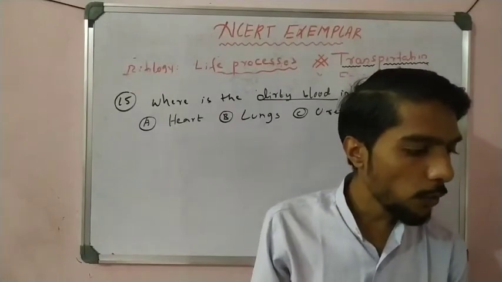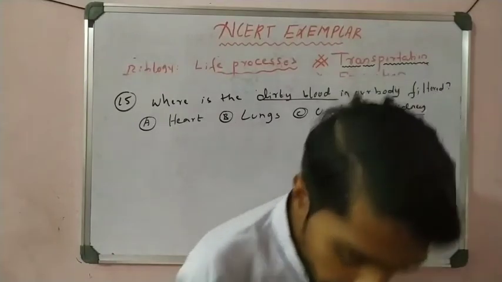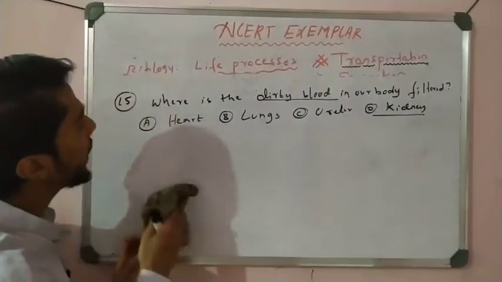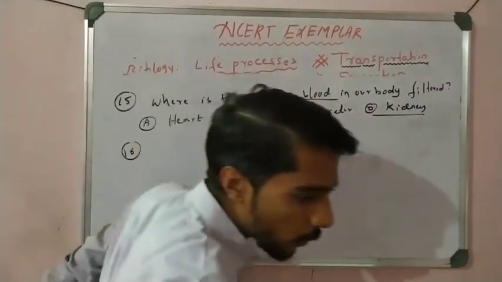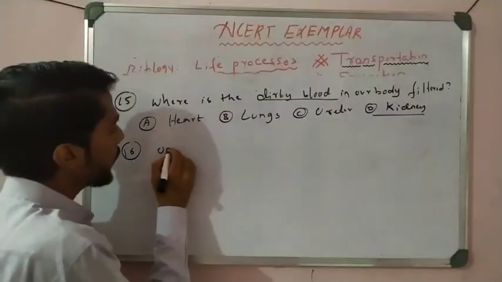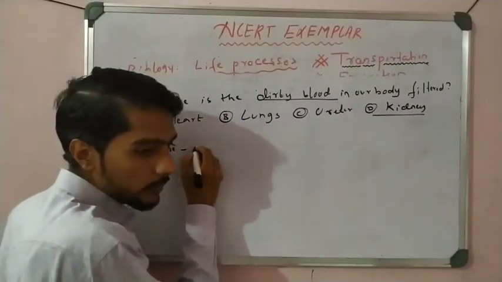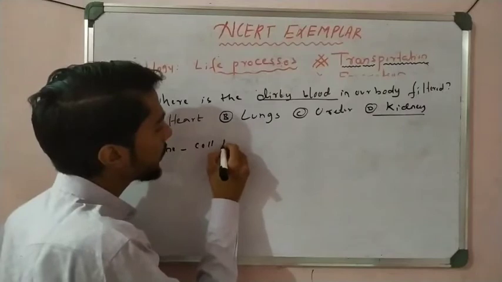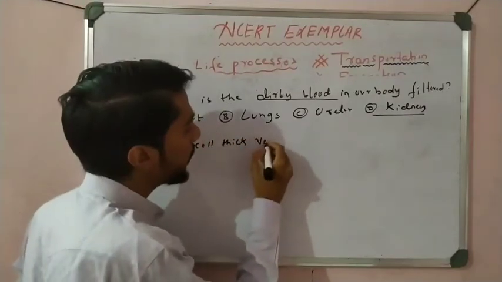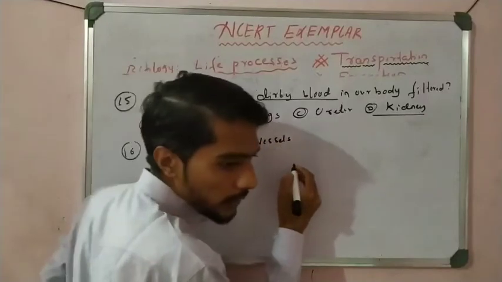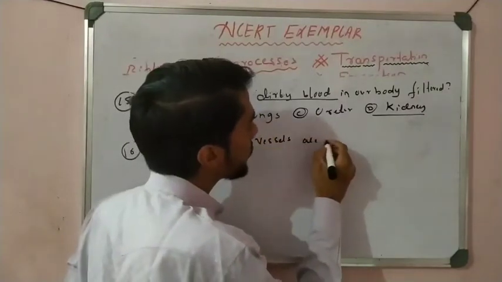So one last question I can take here, and then I close the class, right? The last one is question number 16. One cell thick vessels are called?